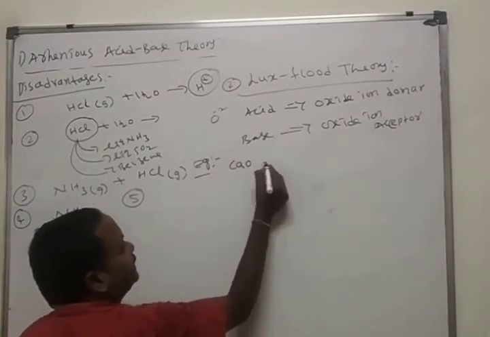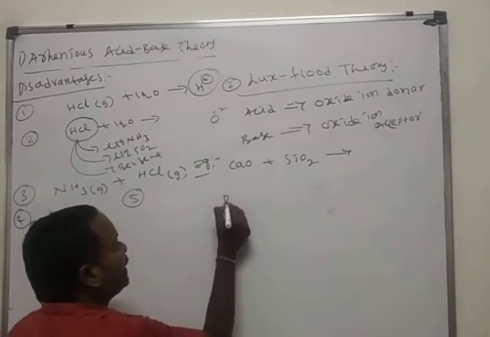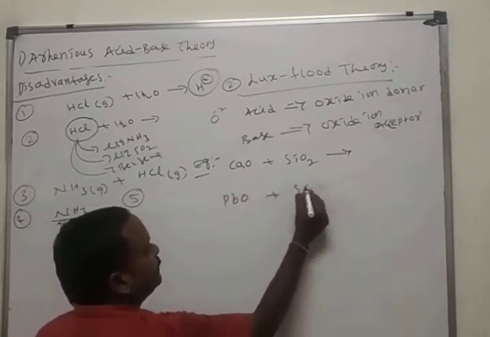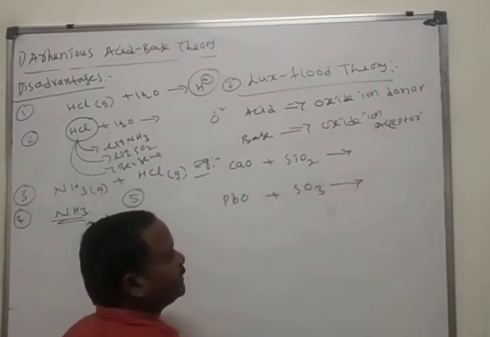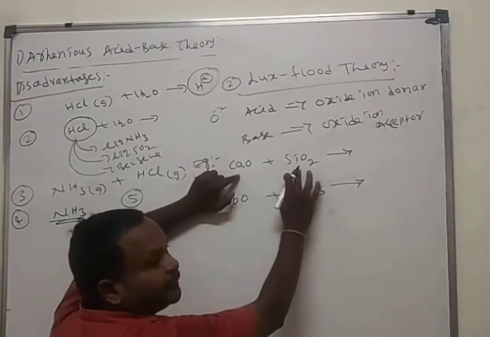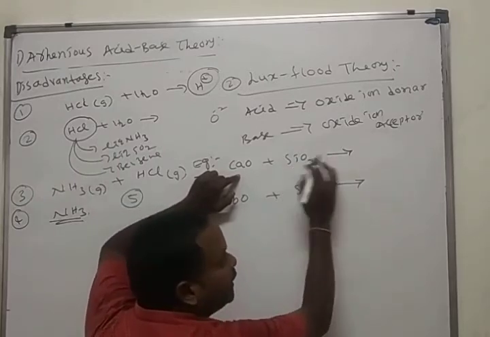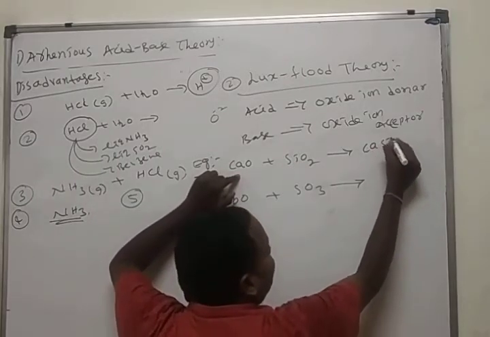Calcium oxide, silicon dioxide, lead oxide, sulfur trioxide. These are the oxides. Calcium oxide reacts with silicon dioxide, or silica, and forms CaSiO3.